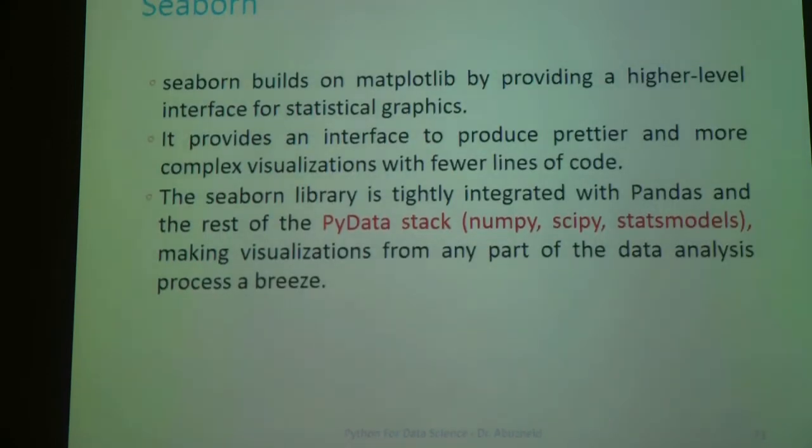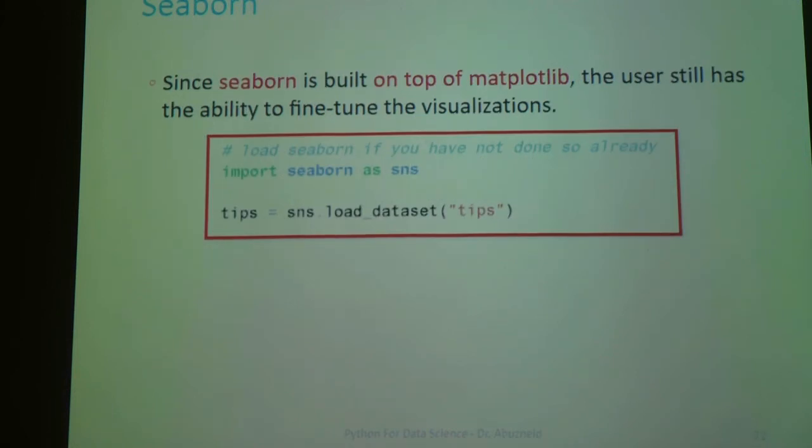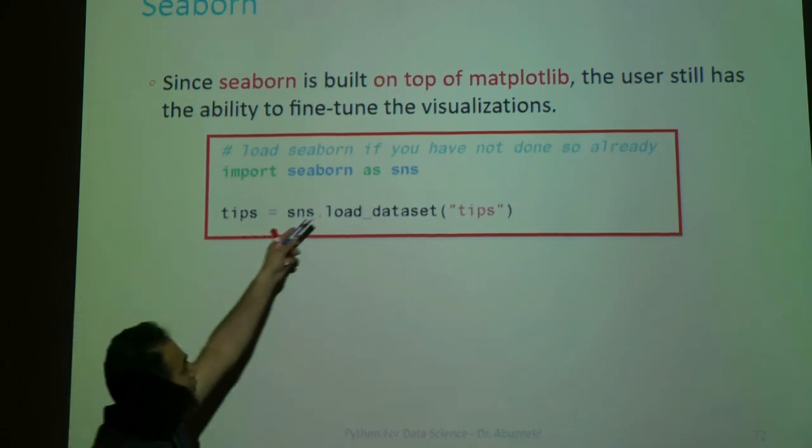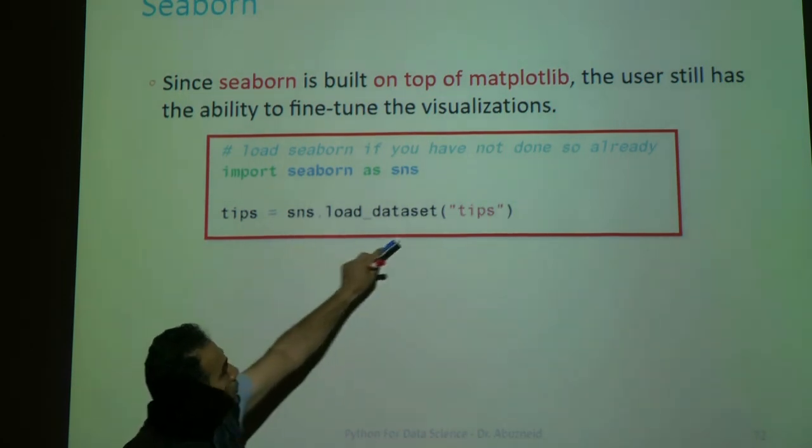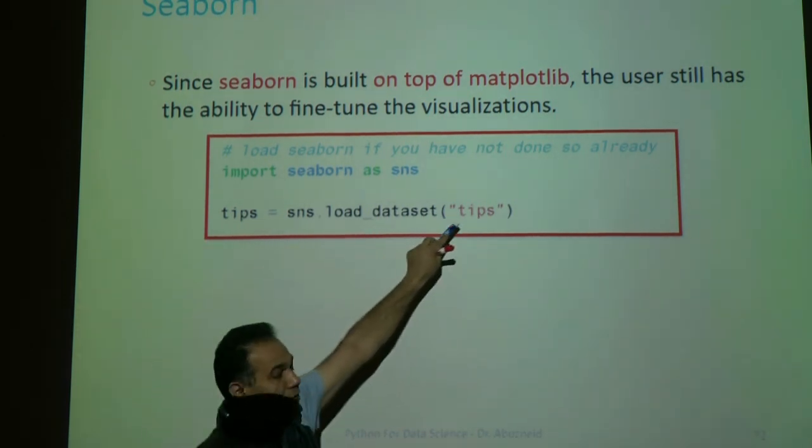Okay, we come to Seaborn. Seaborn is a library built on Matplotlib and provides a high-level interface with statistical graphics. It has a bunch of data sets that it could also import. So in here, for example, if you would like to load it, import Seaborn as sns, and you could load different data sets.